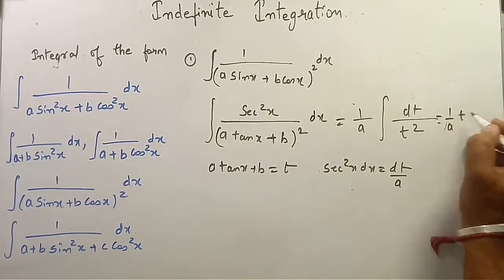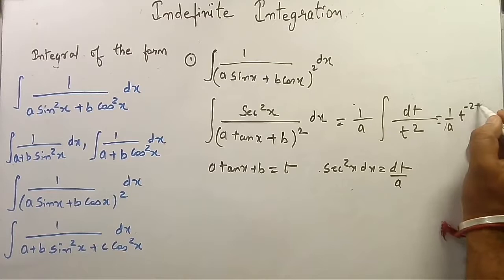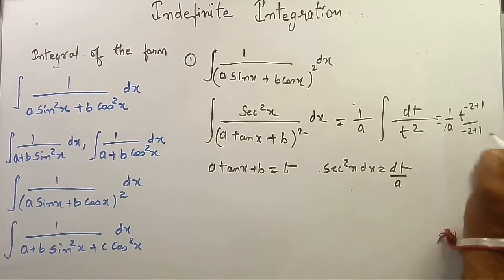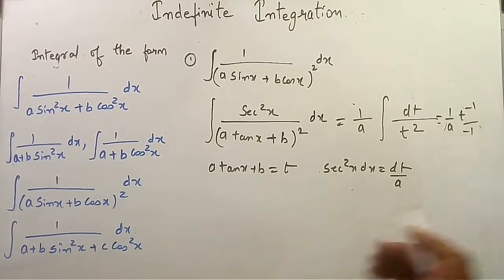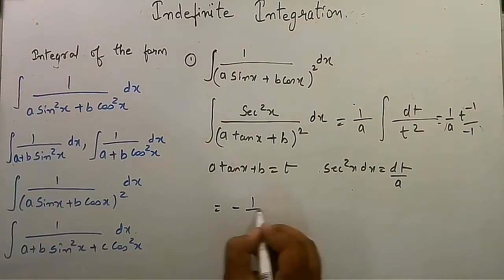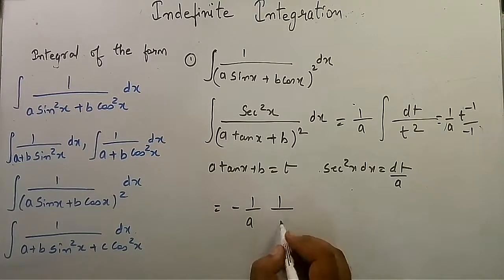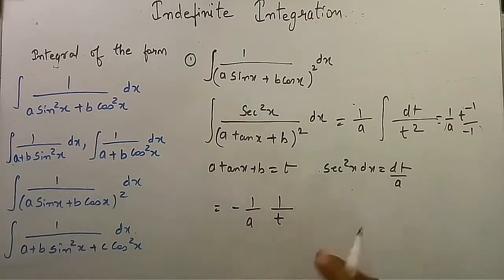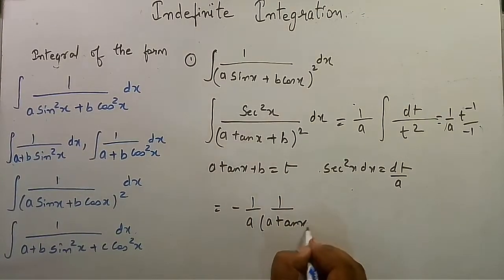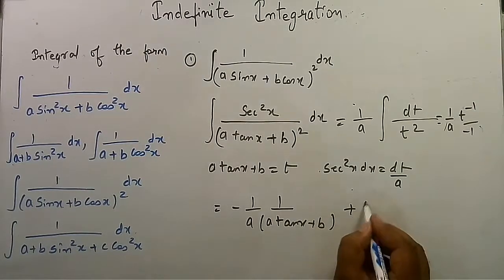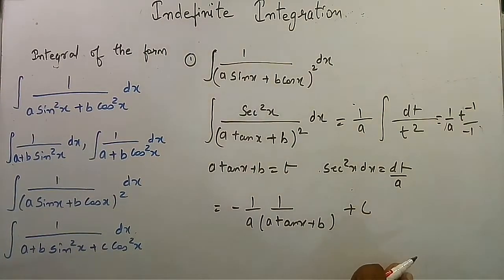The integral would be t to the power minus 2 plus 1 upon minus 2 plus 1, that is t to the power minus 1 upon minus 1. So I am writing here minus 1 by a into 1 by t, and in place of t you will write a tan x plus b. So the answer is minus 1 by a into 1 by (a tan x plus b), plus c. This is how this integral can be evaluated.